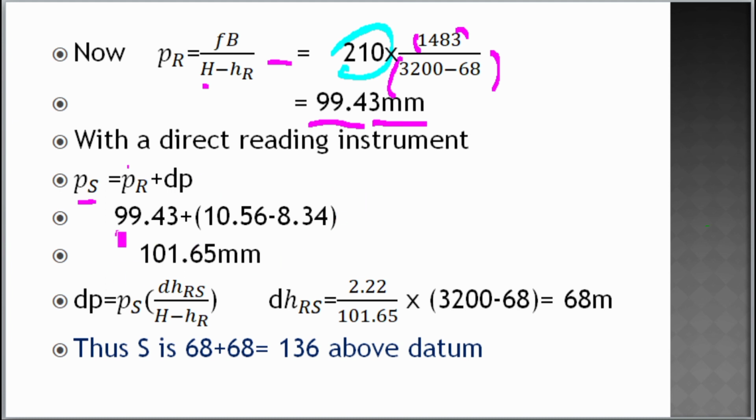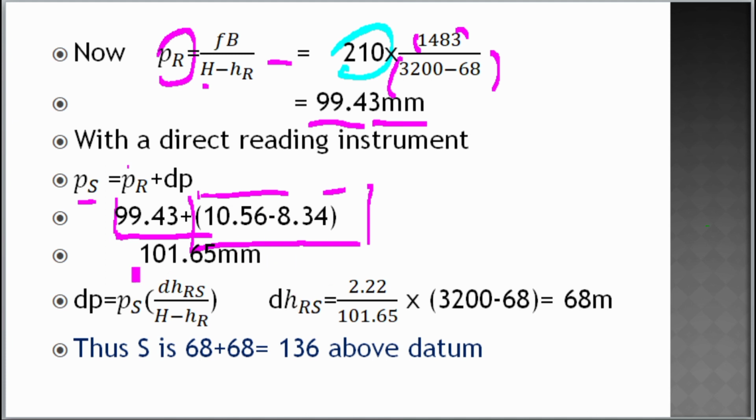So the parallax found at R plus the difference between those two parallax bar readings, and my answer will be 101.65 millimeters.